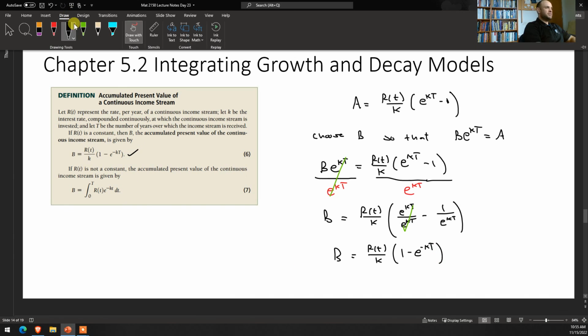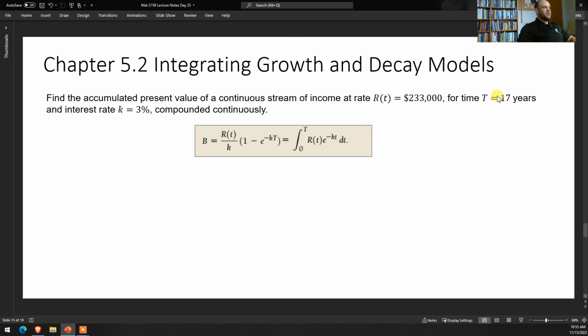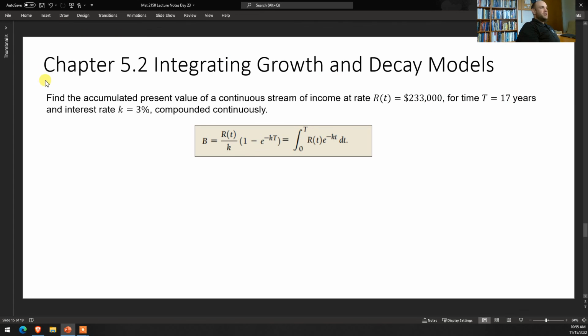This is the case when R of t is a constant, and for the case when R of t is not a constant, we apply this formula. Let's try an example here where we find the accumulated present value. Here, our R of t is 233,000, t is 17 years, and we have an interest rate of 3%.